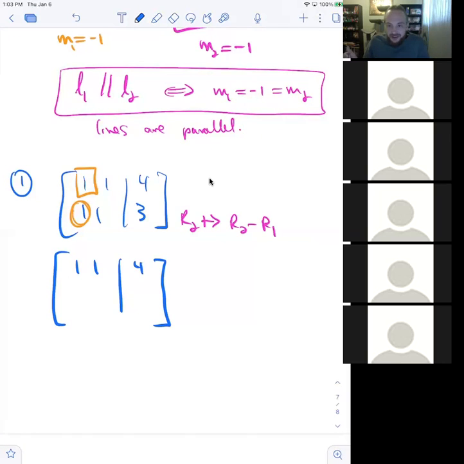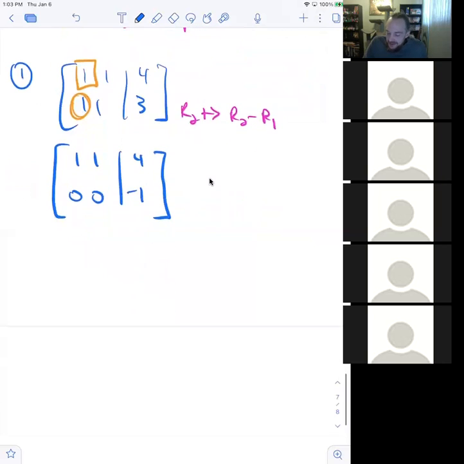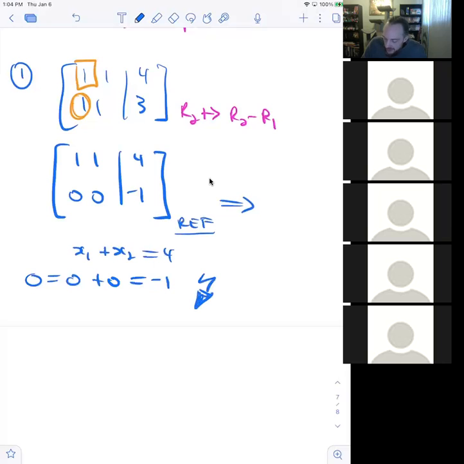Row 1 will never change. And then now what am I doing? 1 minus 1 is 0. 1 minus 1 is 0. And then 3 minus 4 is -1. So what does this say? If I turn this back into the system, this says x1 plus x2 equals 4, this is REF, and then now this says 0 plus 0 equals -1. That's a contradiction because 0 does not equal -1.